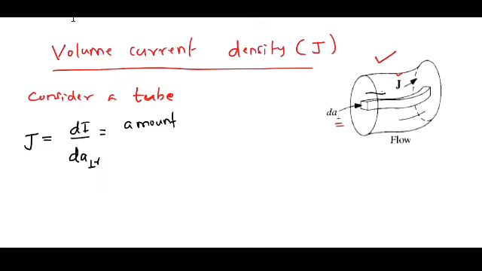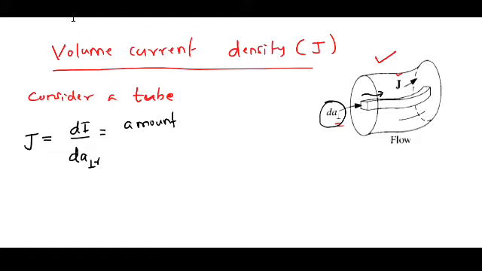If the current is flowing in this direction, the current flows through a unit area dA in a direction perpendicular to the current.